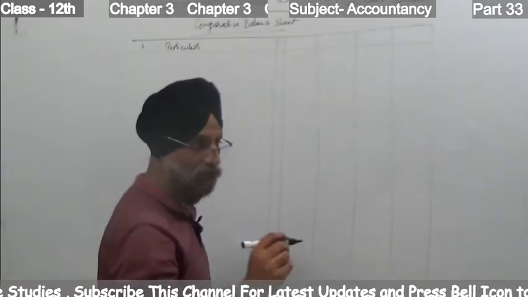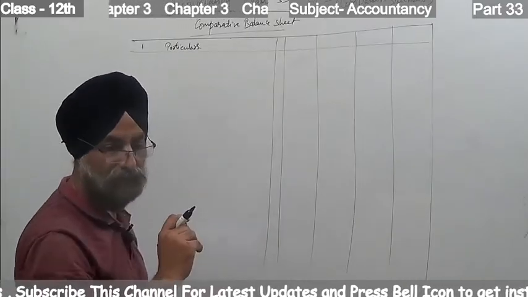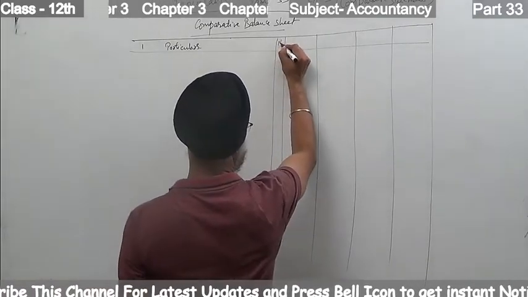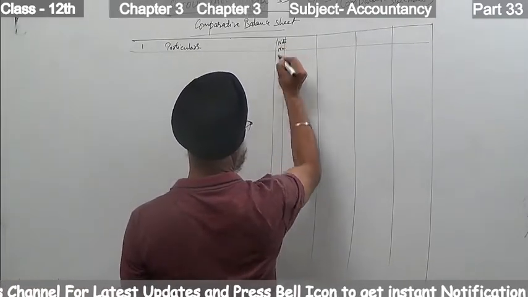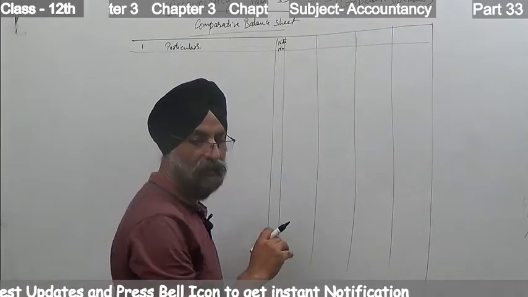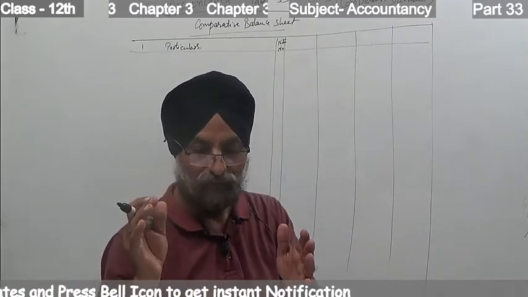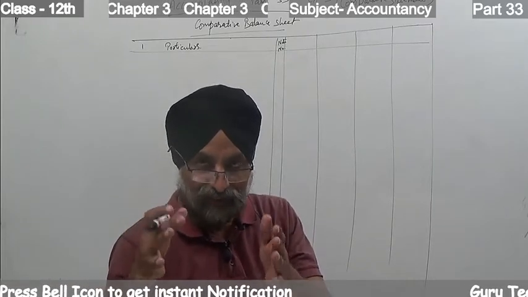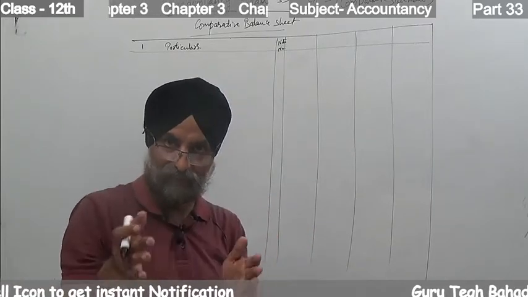Column 2, note number. This is for note number. And the next column is the values of the base year. Previous year means base year.